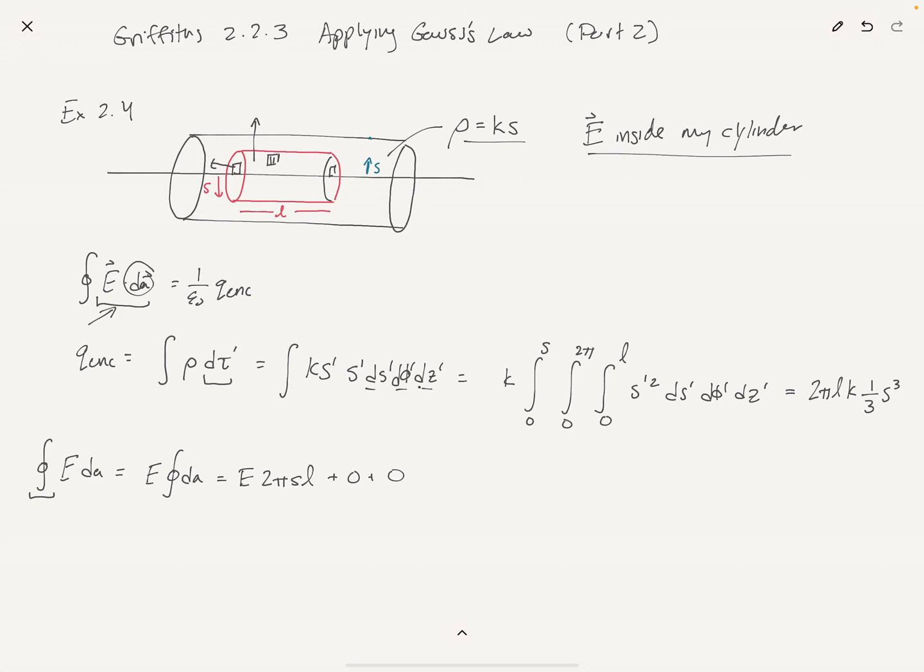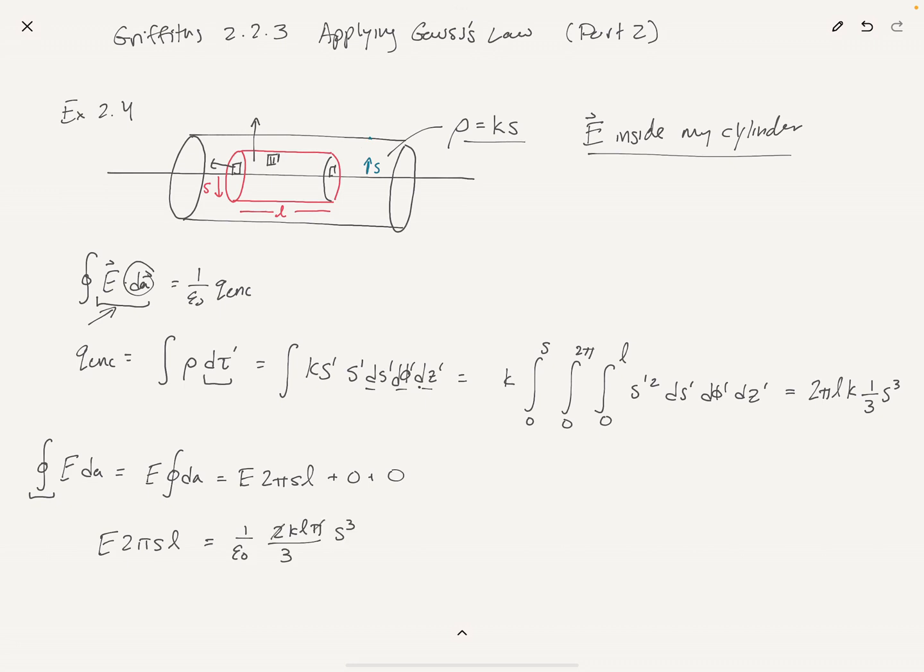Then I combine my two expressions that I've accumulated. I have E 2 pi sL is equal to 1 over epsilon naught times 2 k L pi over 3 s cubed. I think that's right so far.